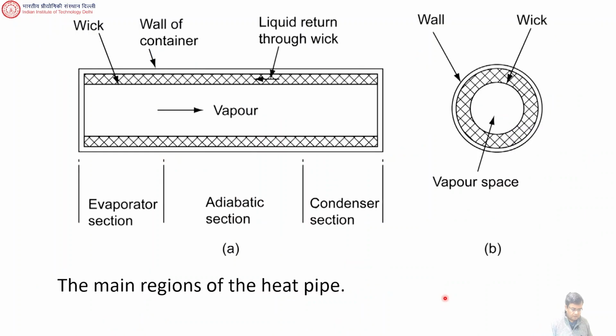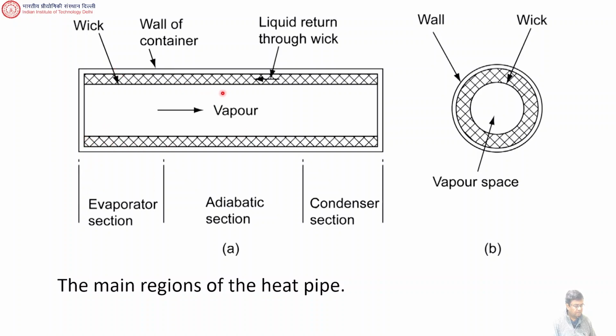So again, this is another heat pipe, now shown as a horizontally placed heat pipe, and you can supply heat here. So this is an evaporator section.